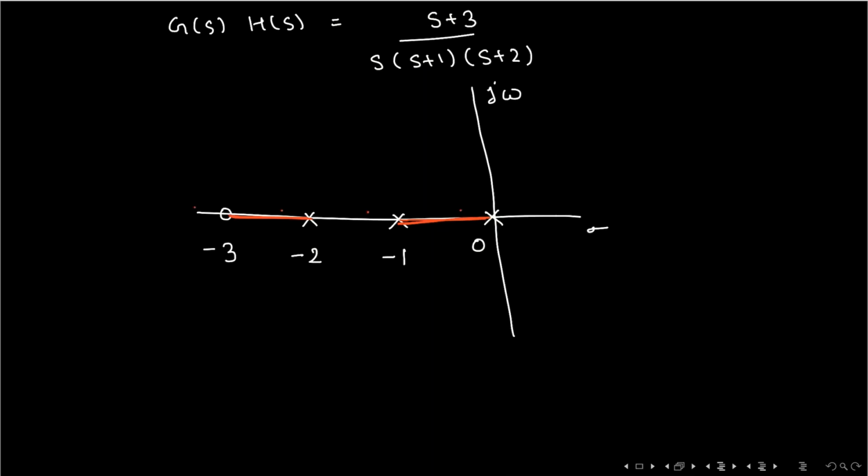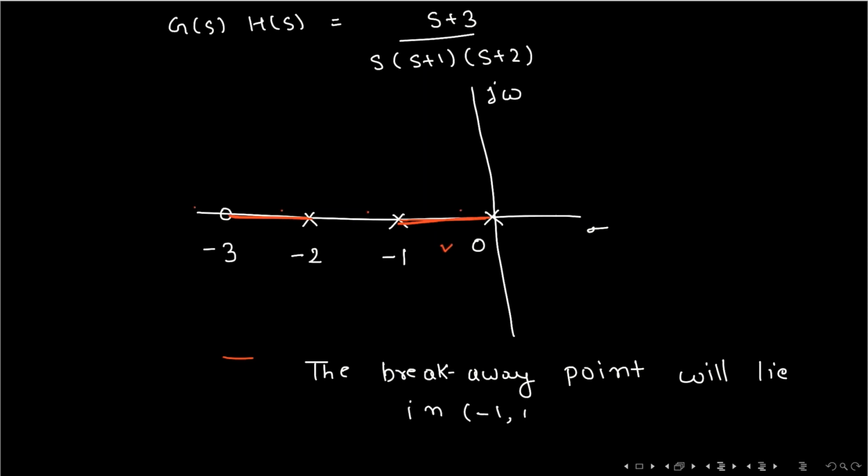The second property says that the breakaway or breaking point always lies between 2 poles or 2 zeros. So in this case we have 2 consecutive poles here, hence the breakaway point will lie between -1 and 0.